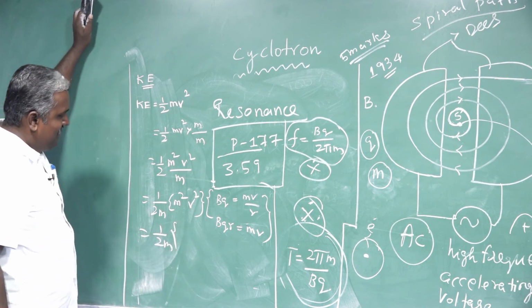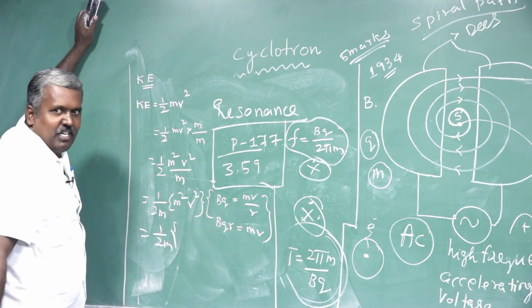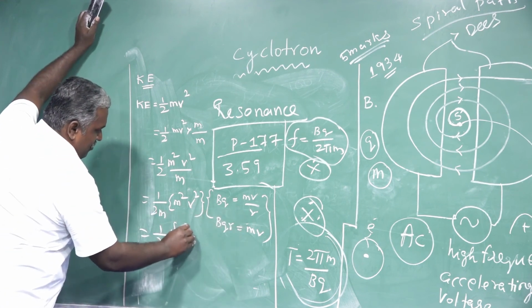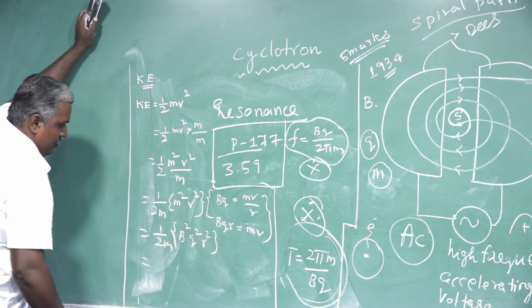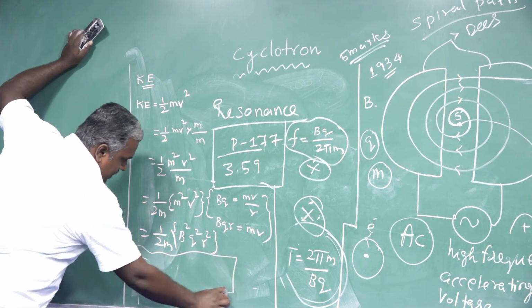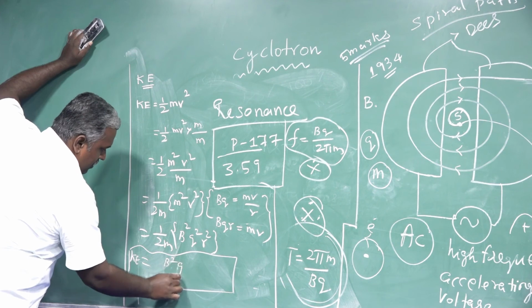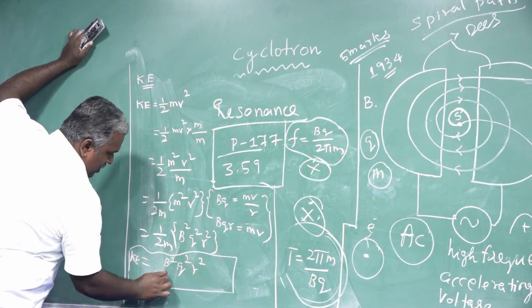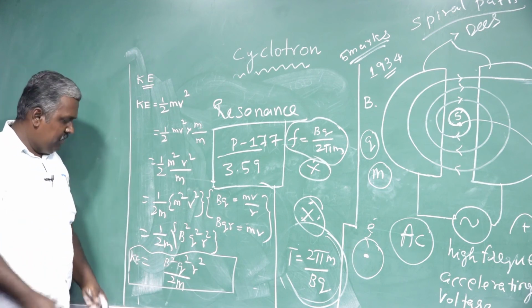What is the formula for m square v square? Okay, square on both sides. So b square, q square, r square. Therefore, KE, kinetic energy of the charged particle, is b square, q square, r square by 2m. That's all. Okay.